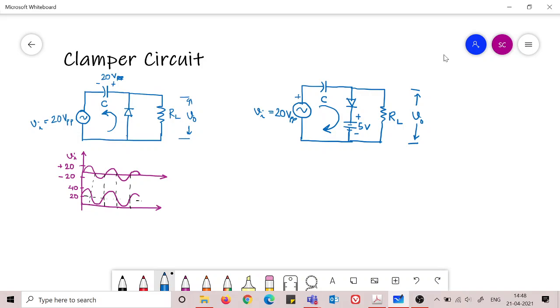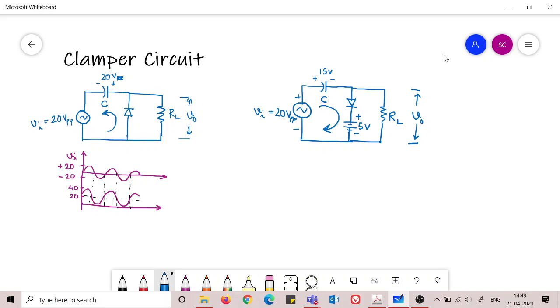So during the forward cycle, 20 volt, 5 volt, what would be the voltage here? It would be 20 minus 5, which is 15 volt, and the charging would be like this, 15 volt. I hope I have drawn everything correctly. Voltage directions, yes. So this should be 15 volt.